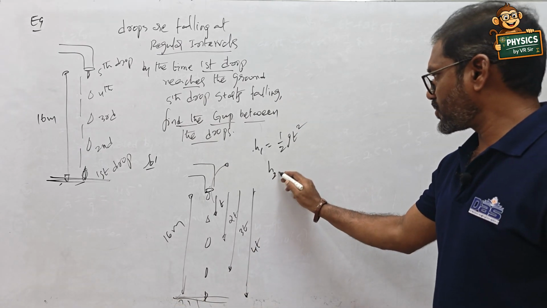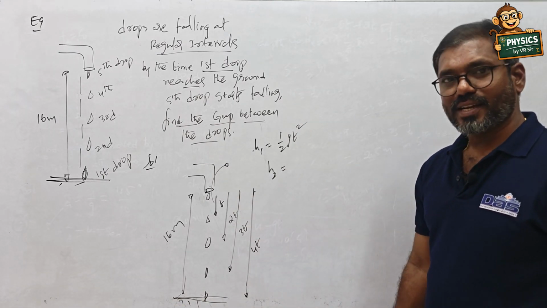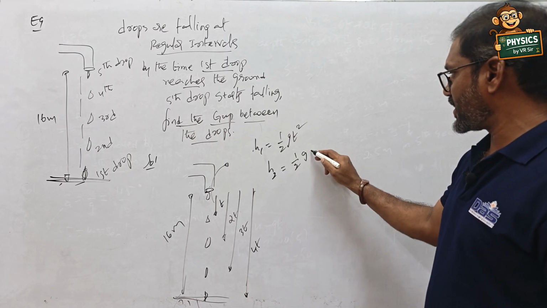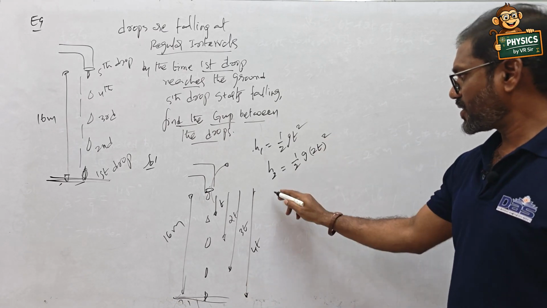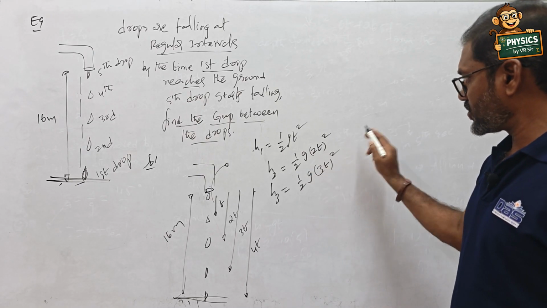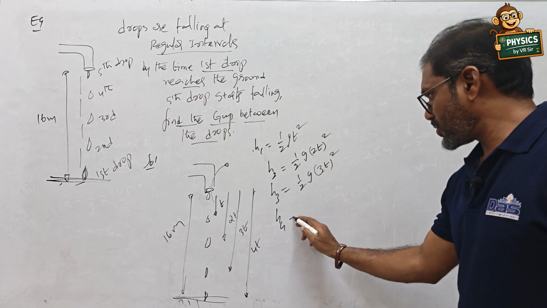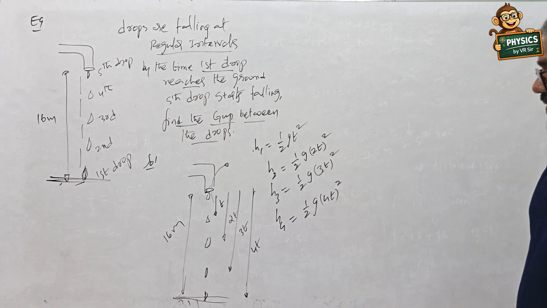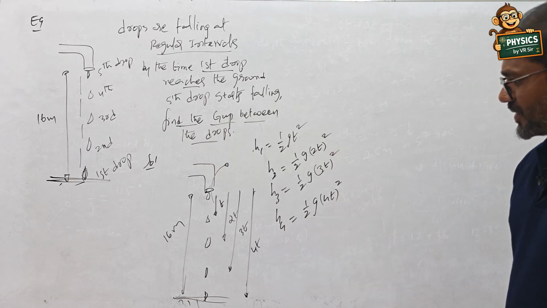Now what about h2? The second drop has fallen for the time of 2t, and the depth fallen is nothing but half g into 2t whole square. The third drop has fallen a depth of half g into 3t whole square, and the fourth drop has fallen half g into 4t whole square. What is this?